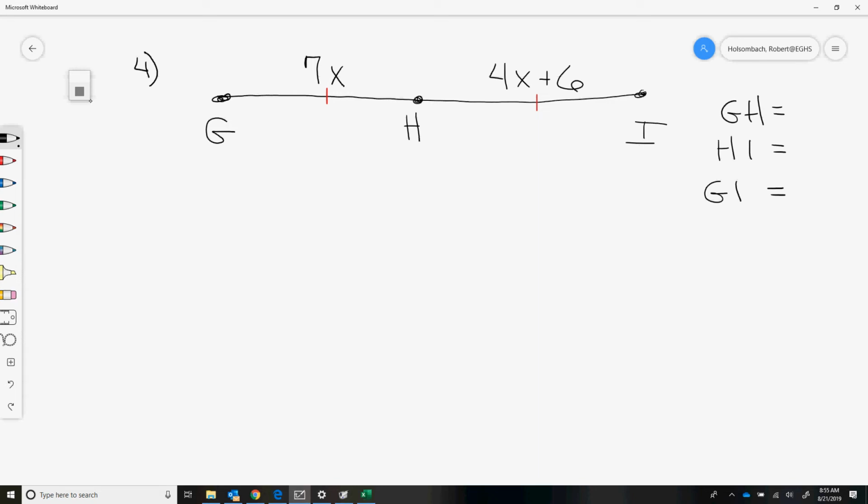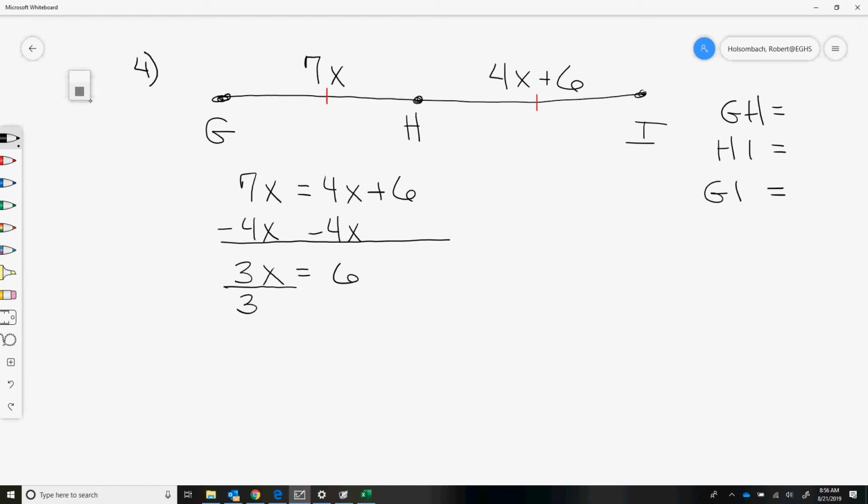So if H is in the middle and GH is equal to HI, well then 7x is equal to 4x plus 6. And then you subtract your 4x from each side. And 3x is equal to 6. You divide both sides by 3. And your x is equal to 2.